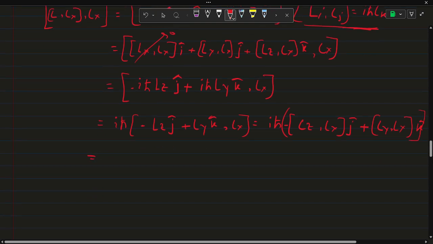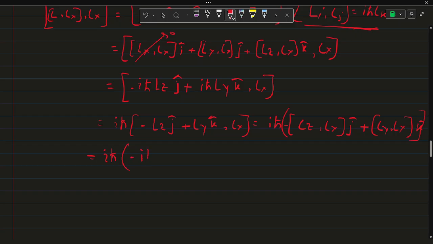So we can write again i h cut. Lz Lx will give i h cut Ly, so minus i h cut Ly j cap plus Ly Lx will give minus i h cut Lz k cap. So again multiplying i h cut to the internal part, it will give h cut square Ly j cap plus h cut square Lz k cap.